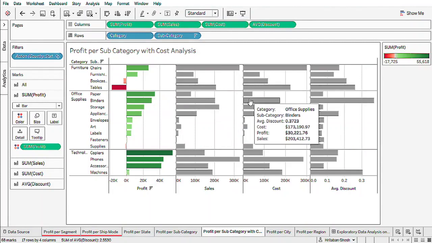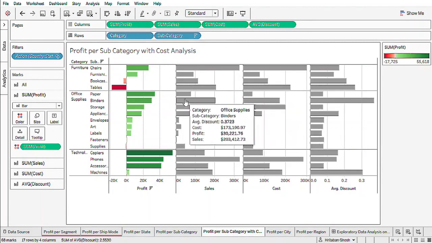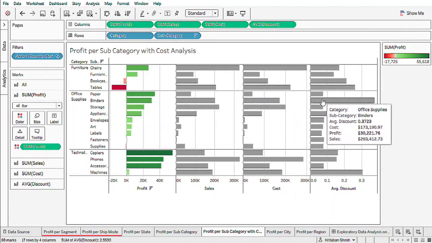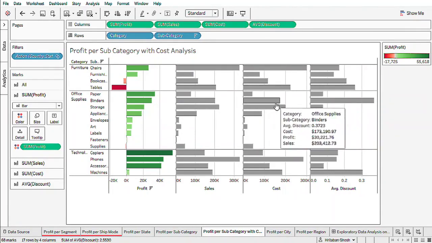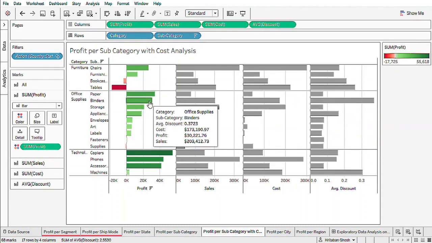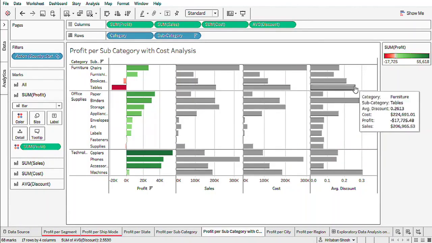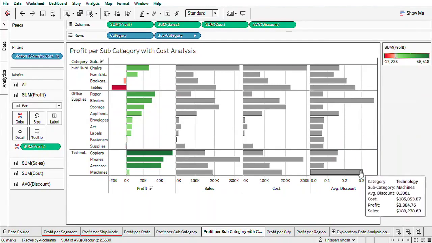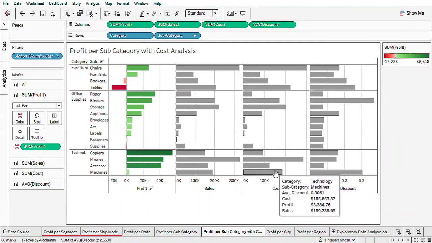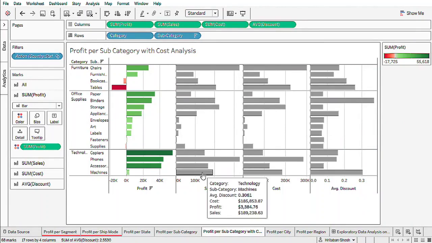This is because the cost price of the binders subcategory is very low compared to the selling price. And on a higher selling price, if I give a higher discount and with the cost price being much less, I incur a profit. And thus binders still gives me a profit even though the average discount on it is much higher than that of the tables subcategory. In the same way, on machines, we can see that the cost price is less than that of the tables, even though the selling price is similar.